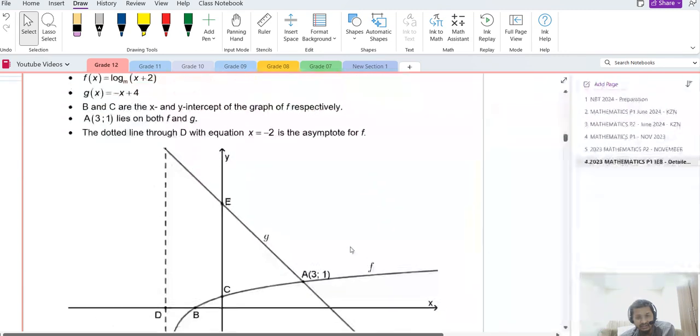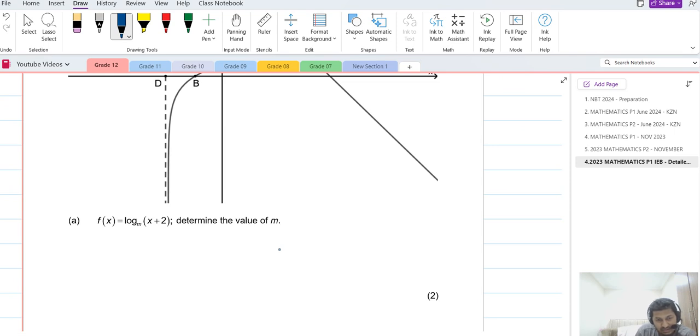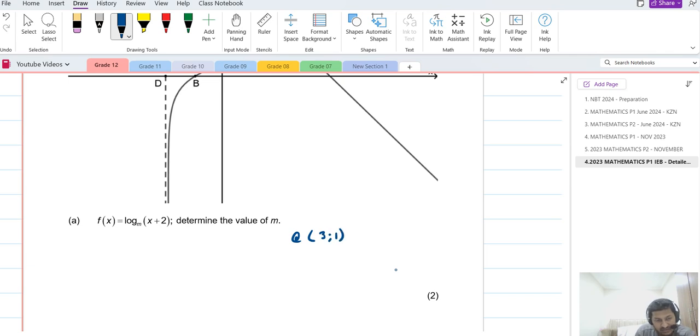To find the value of m, we're going to substitute the point that lies on the graph of f, which is (3, 1). So y equals log of (x plus 2) base m. Right, so now the value of x is 3 and the value of y is 1.